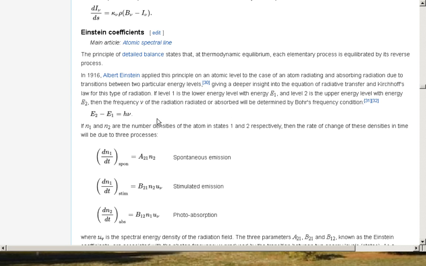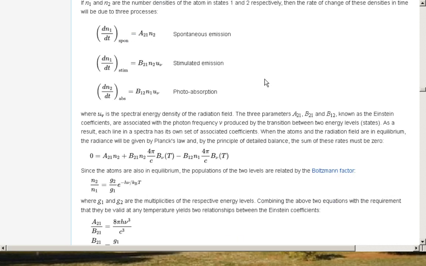The difference in energy levels is your hv constant. What is hv? Is that Planck's constant times the velocity? v is the photon frequency.